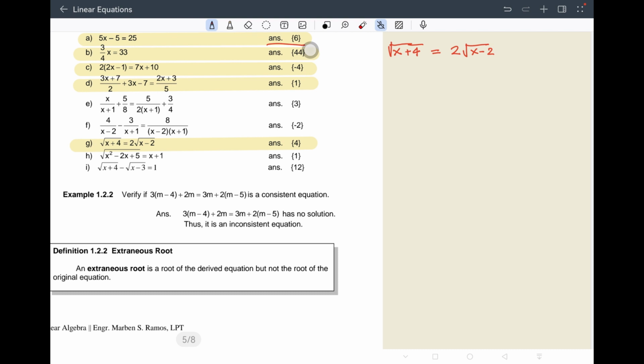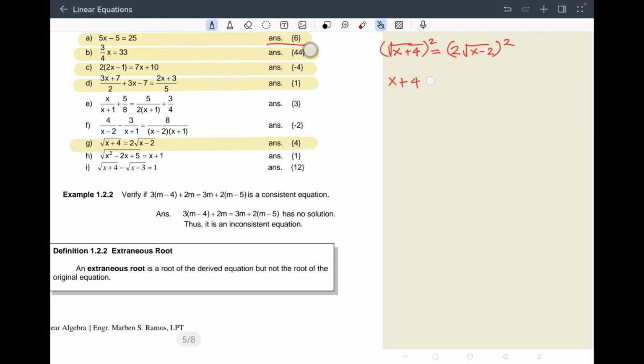So kung may radical sign, to eliminate the radical sign, we just have to raise the equation to the power of 2 since it is a square root. So to eliminate the radical sign, we raise this to 2. We raise also this to 2. So the radical sign will be eliminated.